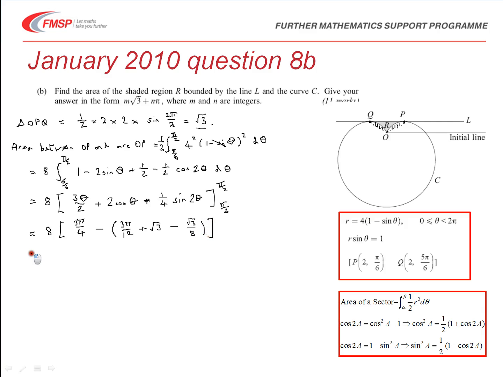And so, tidying that up, we get 3 pi over 4 minus 3 pi over 12. Well, 3 pi over 4 is 9 pi over 12, which gives us 6 pi over 12, which simplifies to pi by 2.